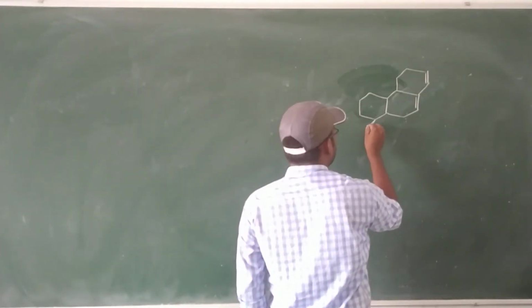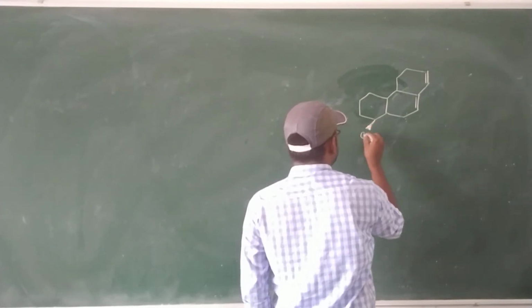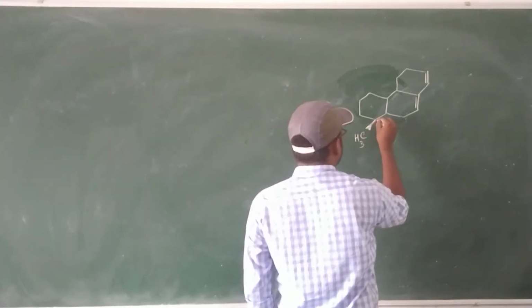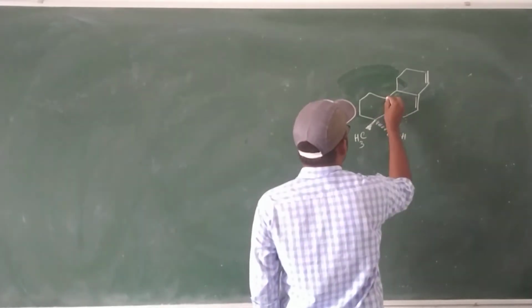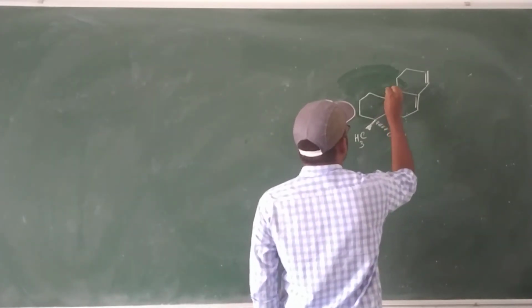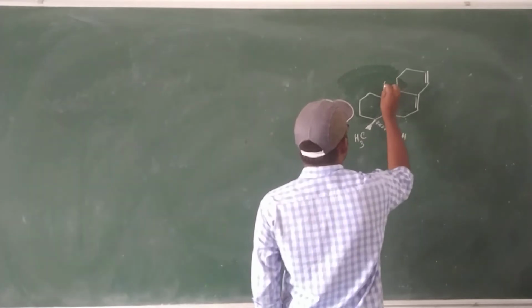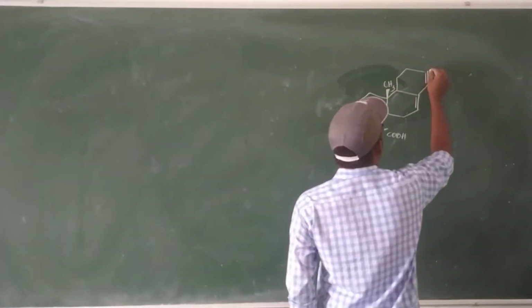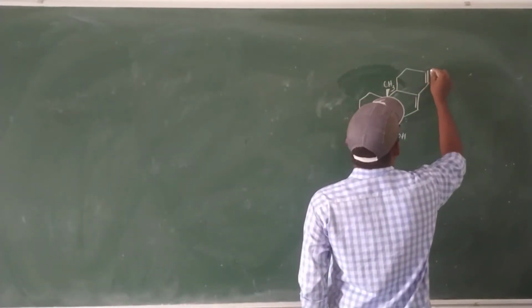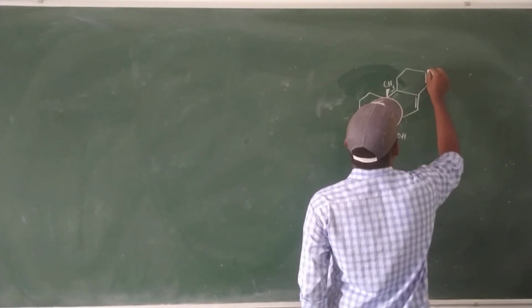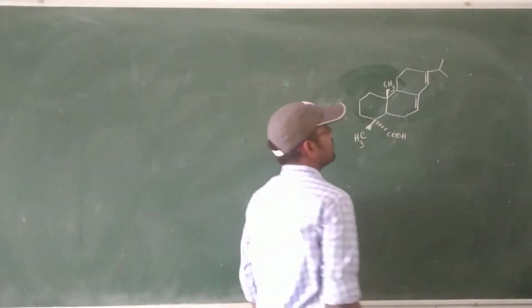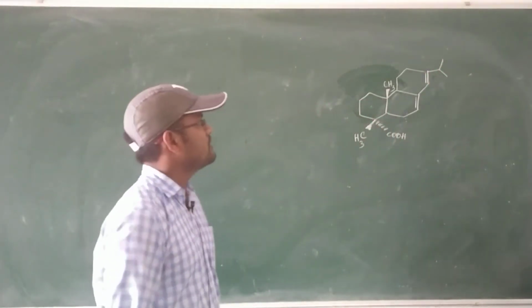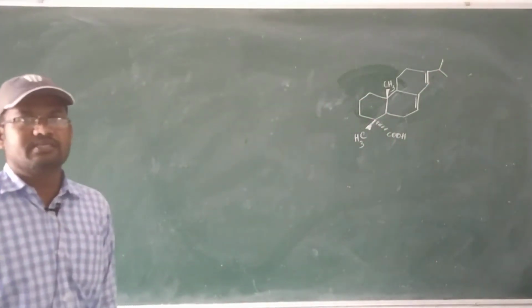Here one CH3, CH3 and COOH. Here a CH3 group and here an isopropyl group. This is the abietic acid structure.